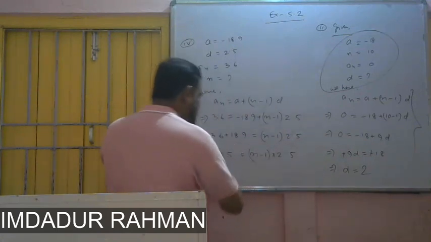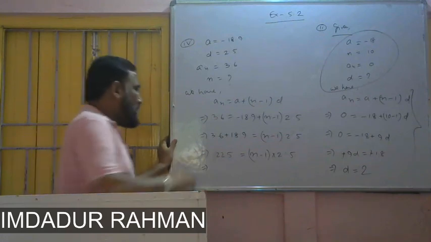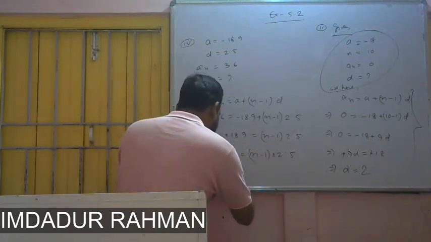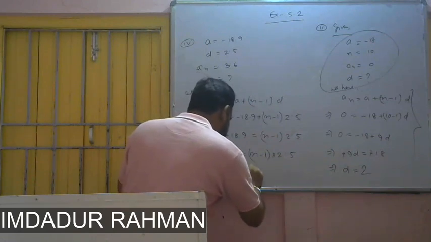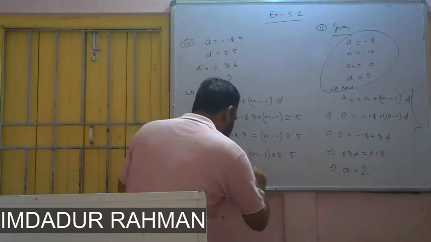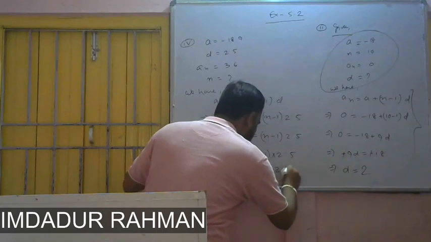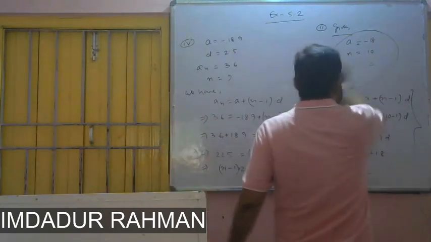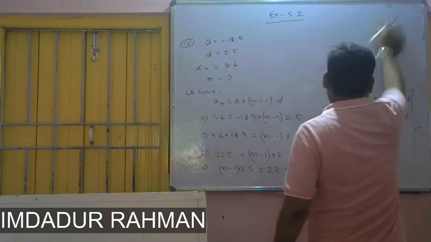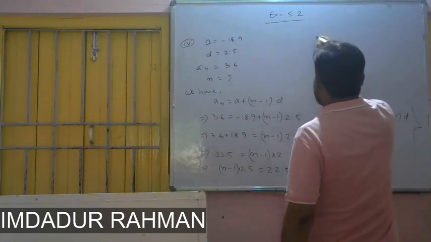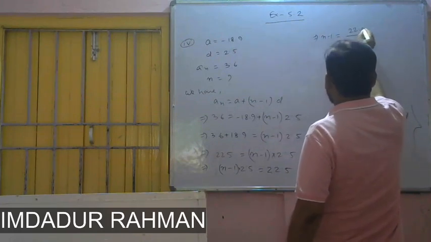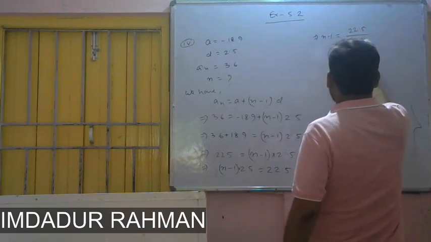Now as we have to find out N, so bringing this whole thing to the left hand side. Now as normal calculation, we will find out N. So implies N minus 1 is equal to 22.5 by 2.5.